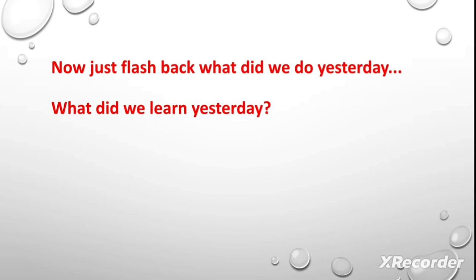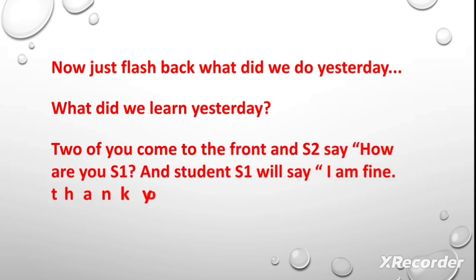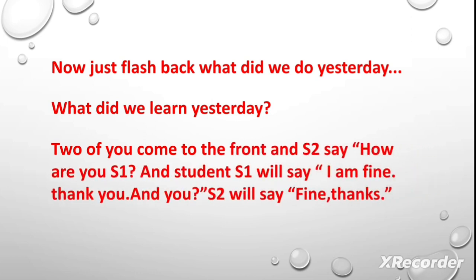Two of you come to the front. Student 2 says, "How are you?" Student 1 says, "I'm fine, thank you. And you?" Student 2 says, "Fine, thanks." I hope I have been able to make you understand. Two of you have to come to the front.